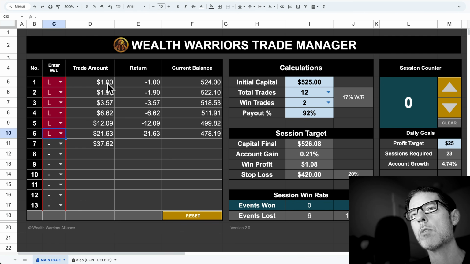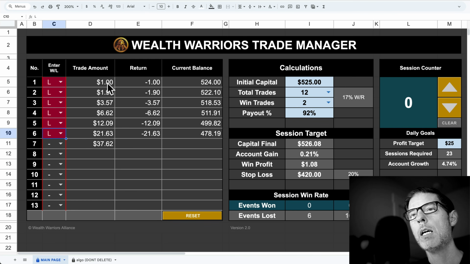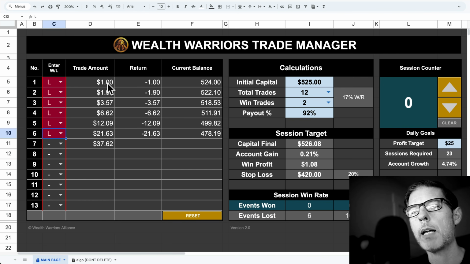Every time we enter a trade, we must prepare the next trade if it's a loss. So yes, even if we don't have that loss yet, we need to prepare for that. We can't just approach it and go, oh yeah, we're going to win every trade, so that's all good. No, that's not the reality. Come on. So we have to prepare ourselves.